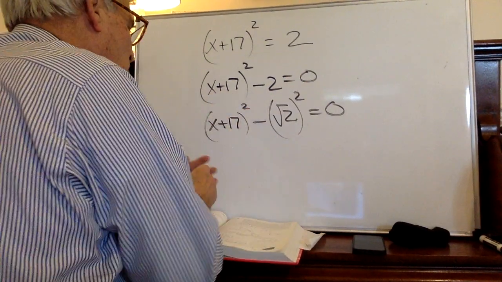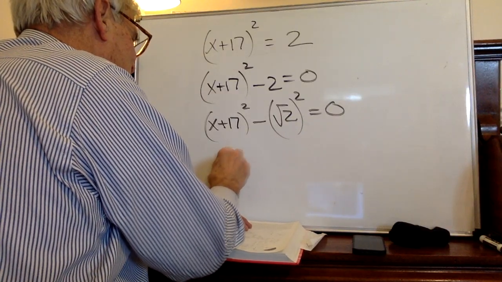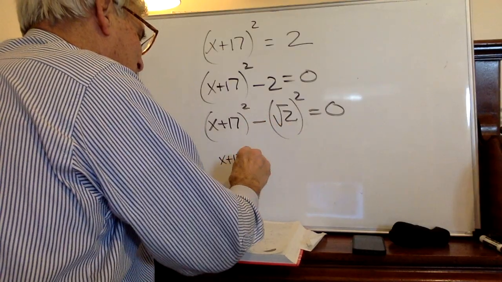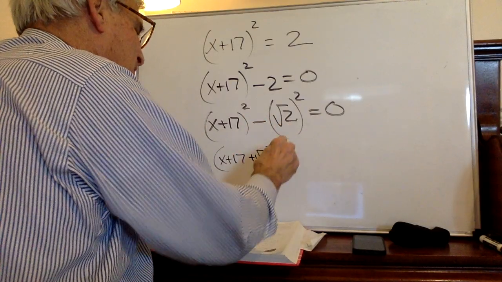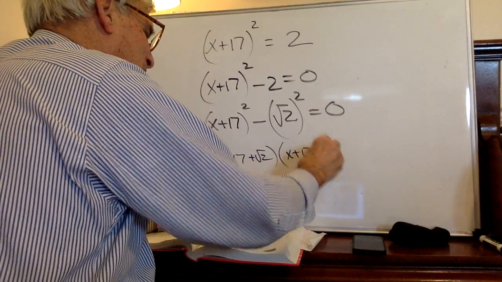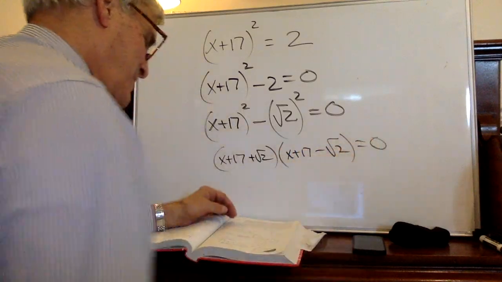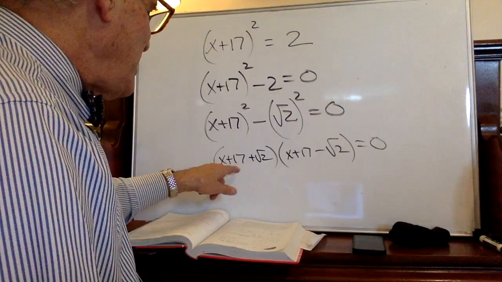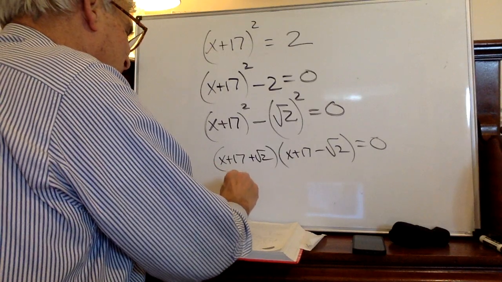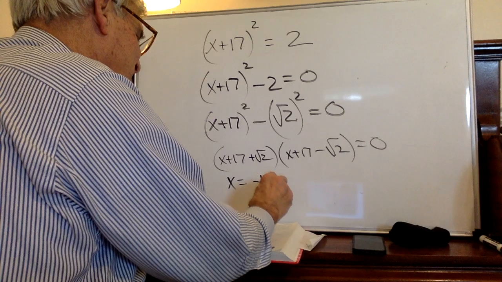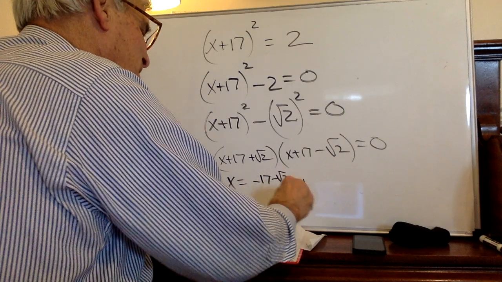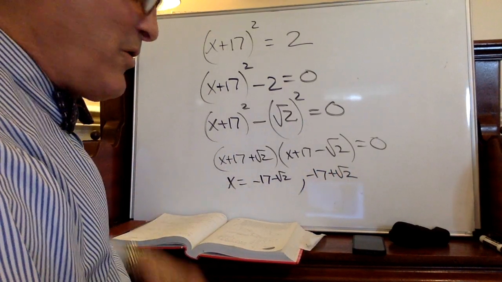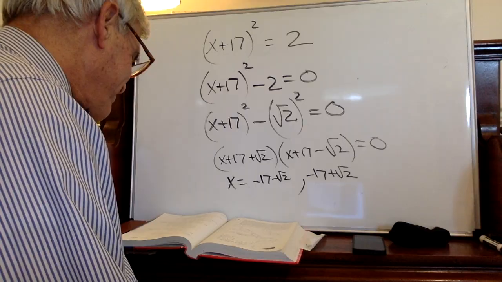The square root of this quantity is x plus 17, so the factors are x plus 17 plus root 2 and x plus 17 minus root 2. There are your two factors. Set each factor equal to 0 and solve, and here I get x is equal to negative 17 minus root 2, and negative 17 plus root 2. So there are your two solutions. Okay?